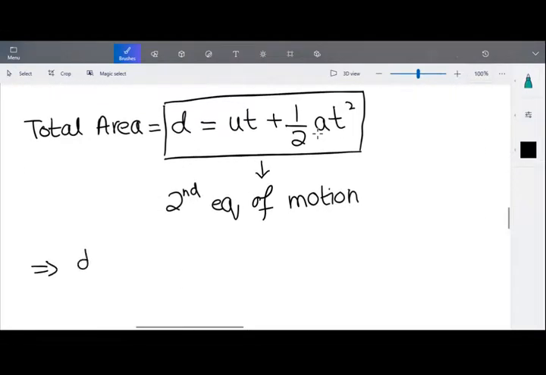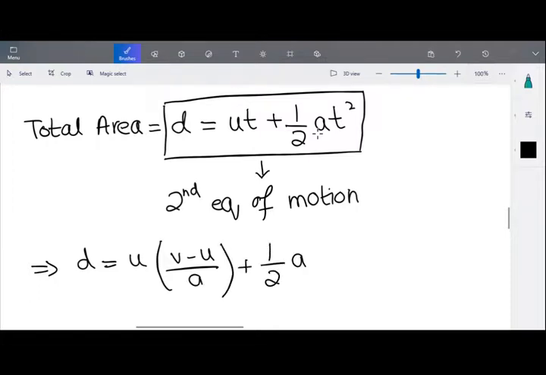So I would end up with d equals u times v minus u over a, plus half a, and then instead of the t I would have v minus u over a again, and all of this squared because you're squaring the t over here, right?